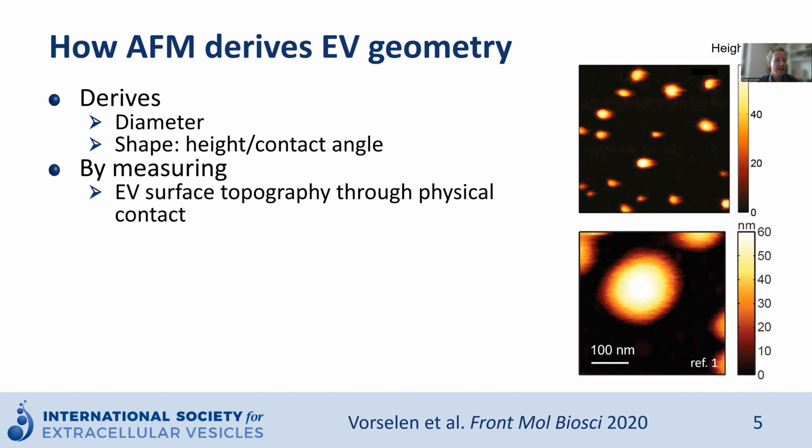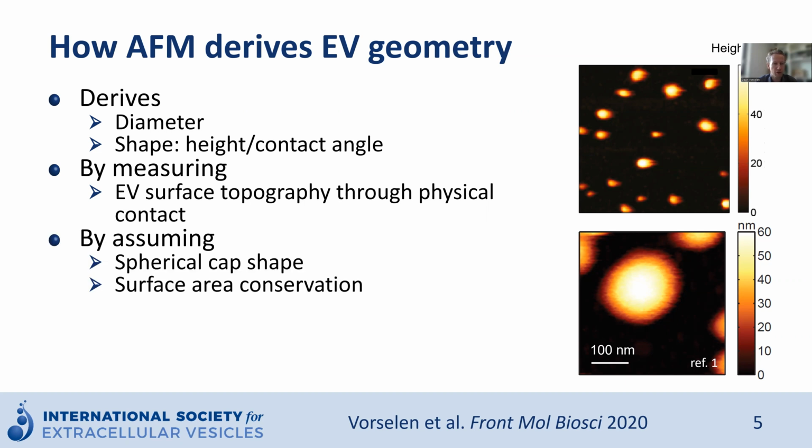So we can derive the diameter and the shape, and we do this by measuring the entire surface of the particle through physical contact. So to derive the original size of the vesicle, we assume a certain shape of the resulting vesicle on the surface, and we also need to make some assumptions such as surface area conservation.